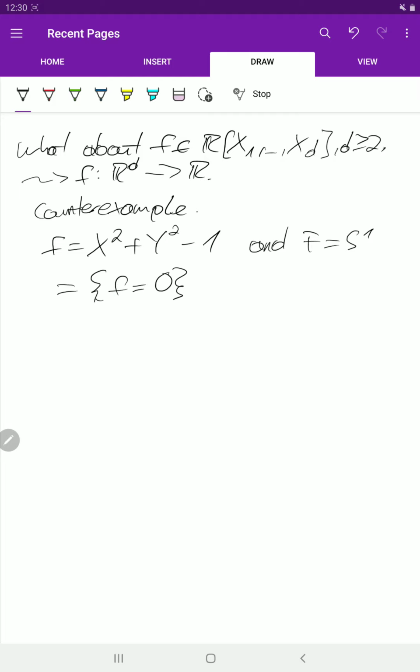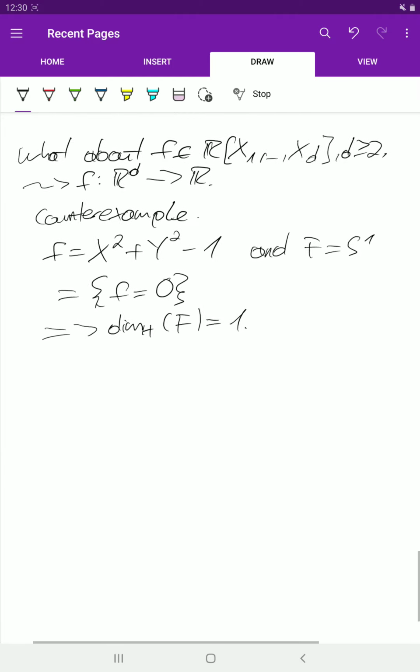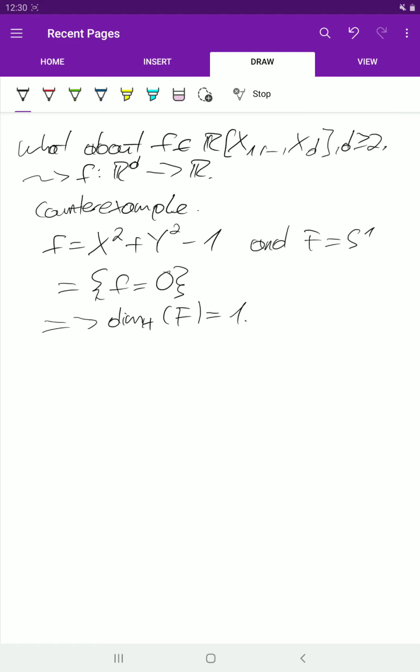And this set has dimension 1, or well, I shouldn't say obviously, but it's a property of the Hausdorff dimension that real manifolds have the dimension they should have, and the circle is 1.